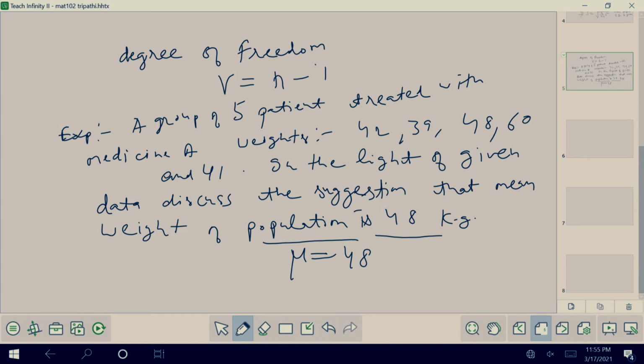The value is given and the level of significance is given.